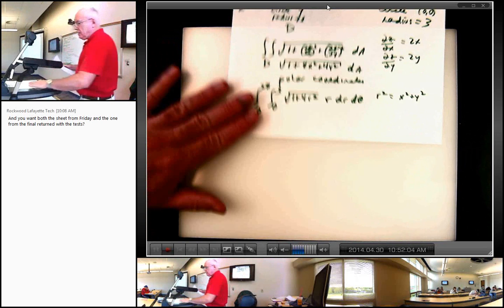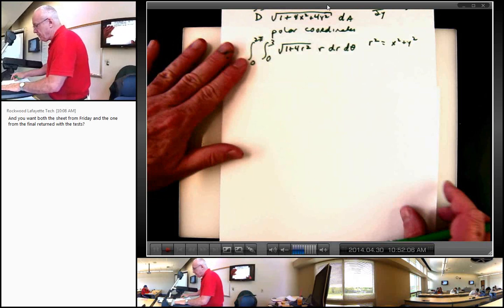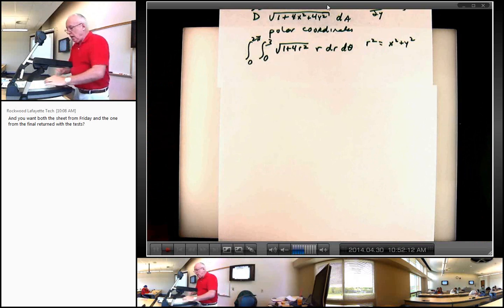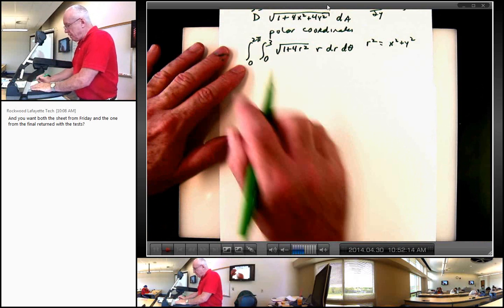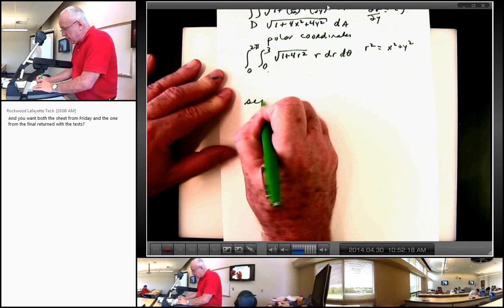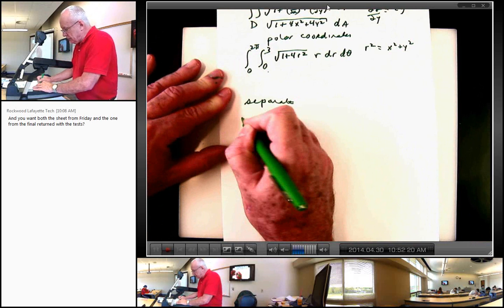At this point it should become a fairly routine antiderivative. Notice one thing we can do off the bat: since all these are numbers, I can separate to make life a little easier.